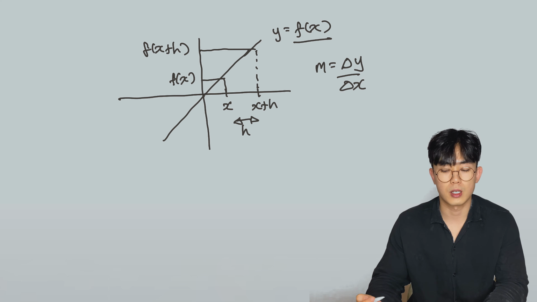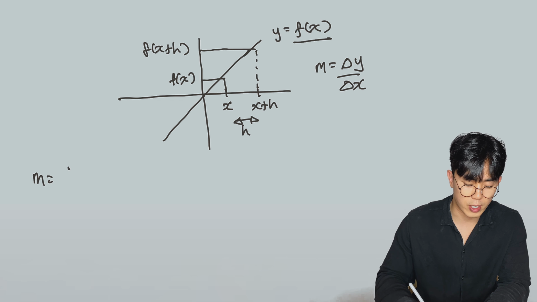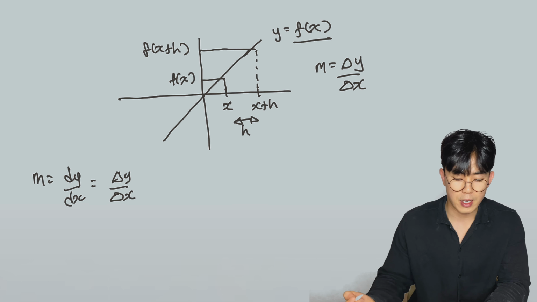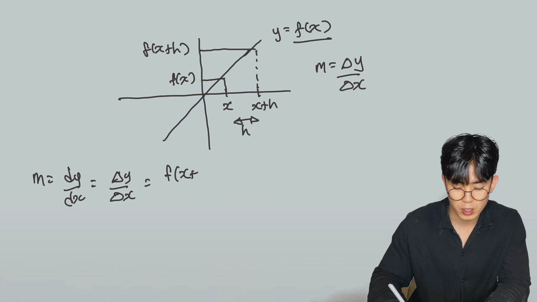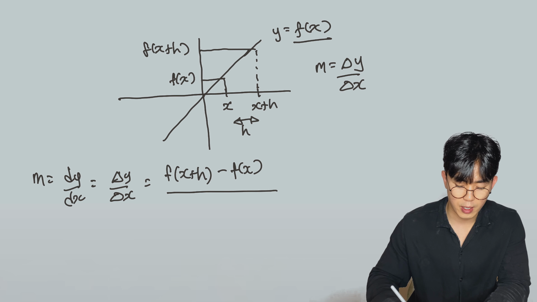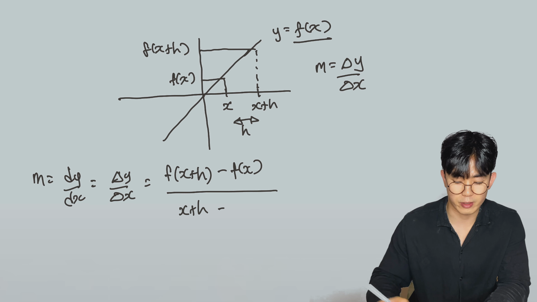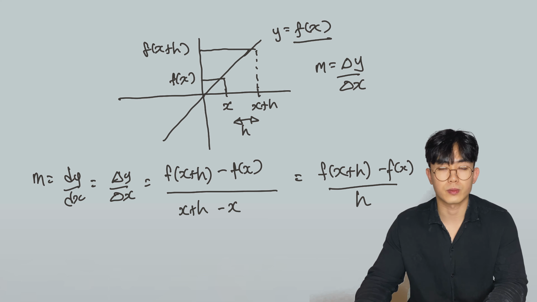And so as we said, the gradient, m, or differentiating it, is just change in y over change in x. In our case, the change in y is f of x plus h minus f of x, over x plus h minus x, right? Which reduces to f of x plus h minus f of x, over h.